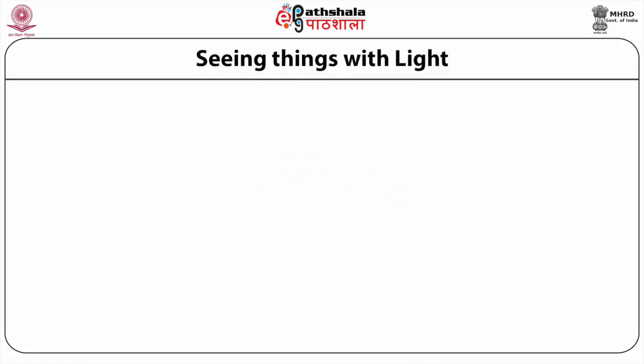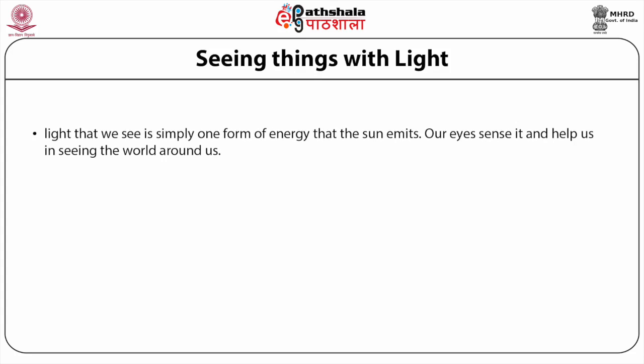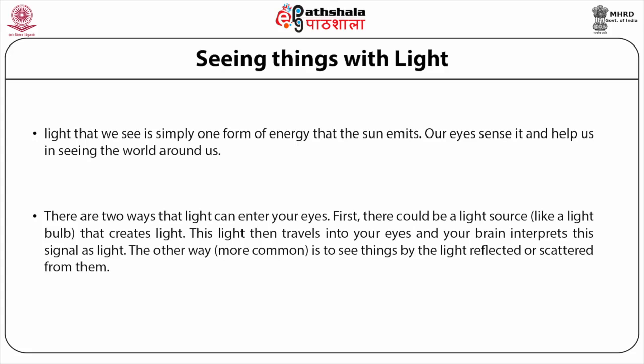Let's start with a basic concept of light. That is, how do we see things? Light that we see is simply one form of energy that the sun or any other light source emits. Our eyes sense it and help us in seeing the world around us. There are two ways that light can enter your eyes.